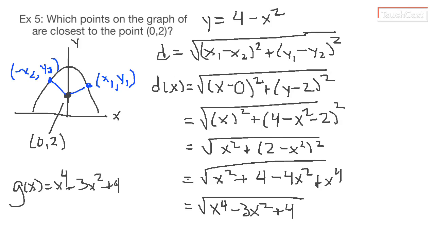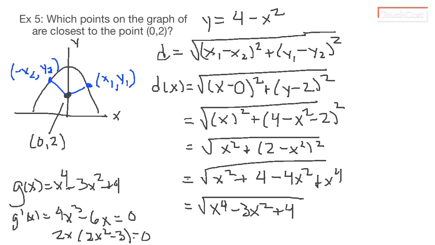Let's now find g prime. So we're going to end up with 4x cubed minus 6x. If we set that equal to 0, I can factor a 2x out of 4x cubed minus 6x. So we're going to have 2x times 2x squared minus 3 equals 0.